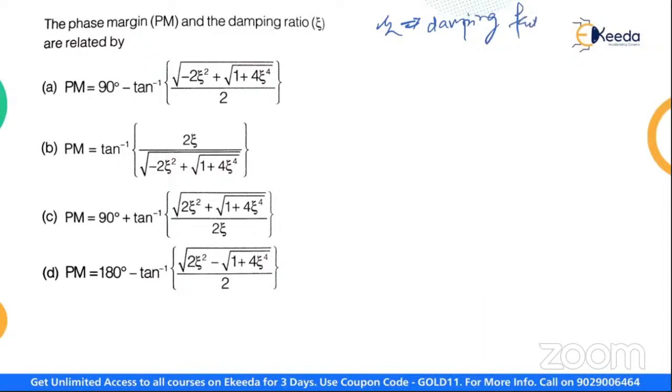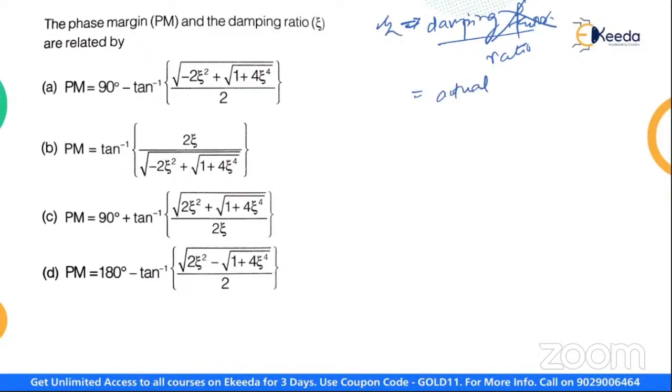Correct? Many of the students can make this mistake. So always remember, it is not a damping factor. It should be called damping ratio only, because zeta is equal to actual friction upon critical friction.